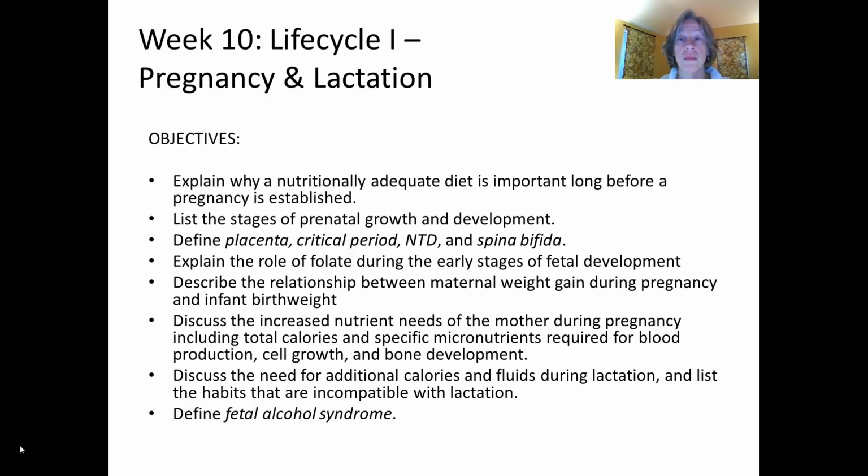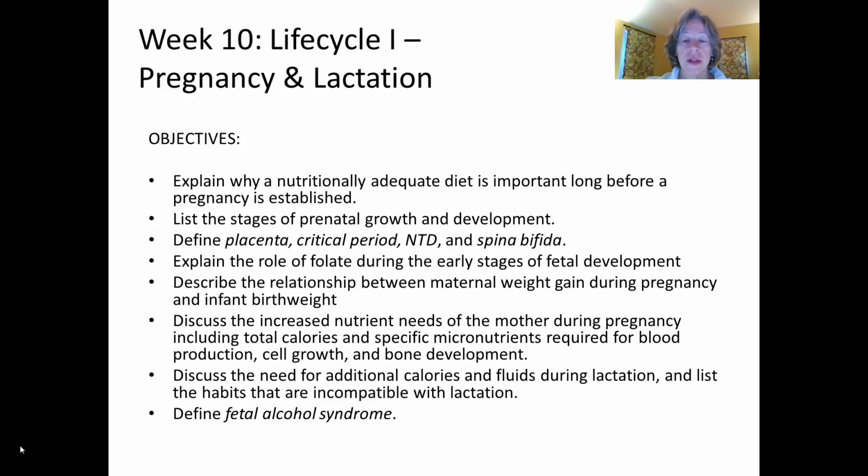Remember, a woman of childbearing age needs to have adequate folate before she even becomes pregnant, before she knows she's going to be pregnant, before she is pregnant, because the fetus develops its brain and spinal column very, very early during pregnancy, and it requires folate in order to synthesize the DNA and replicate those cells that are rapidly dividing early in pregnancy. And if she doesn't have enough folate, the fetus may end up with a neural tube defect like spina bifida.